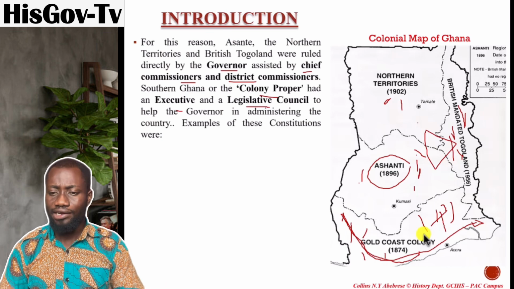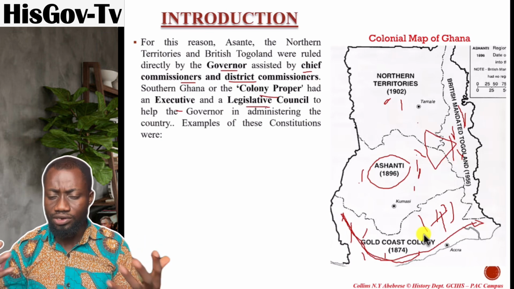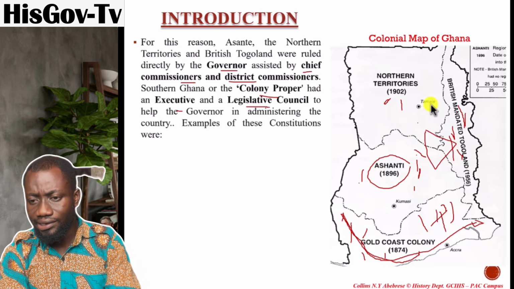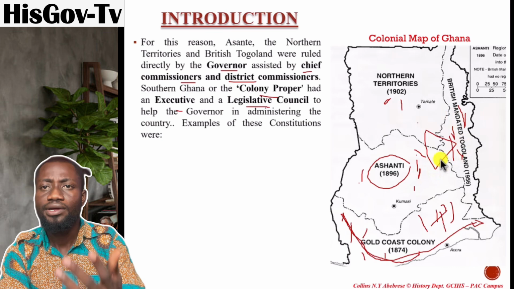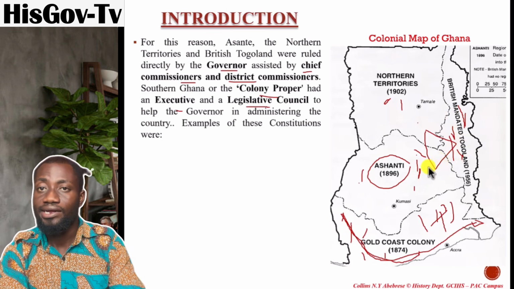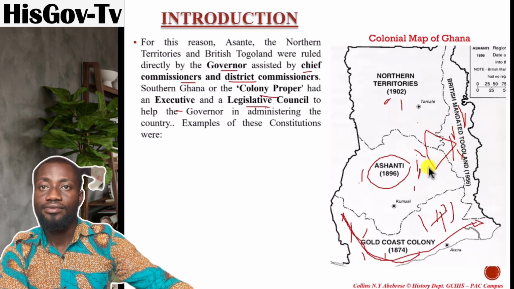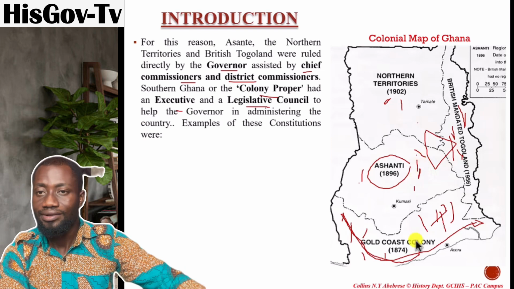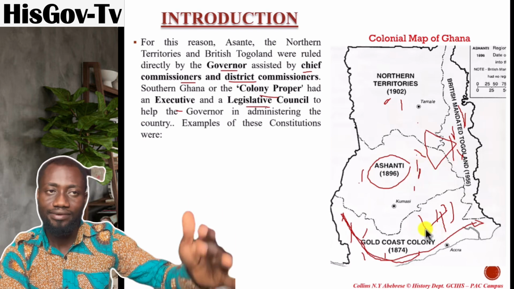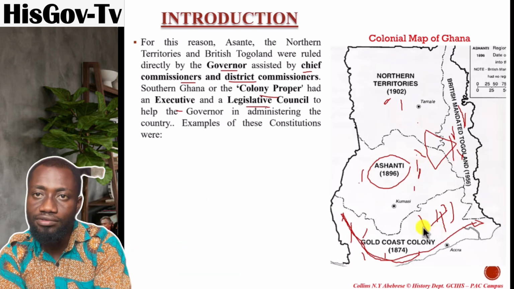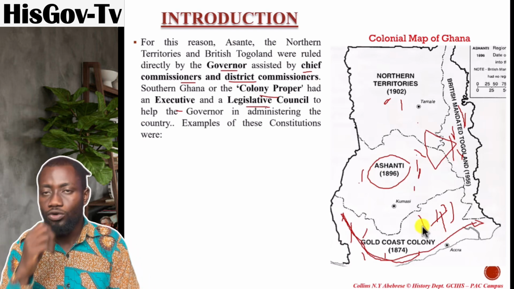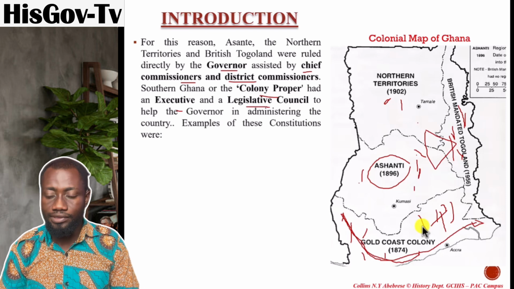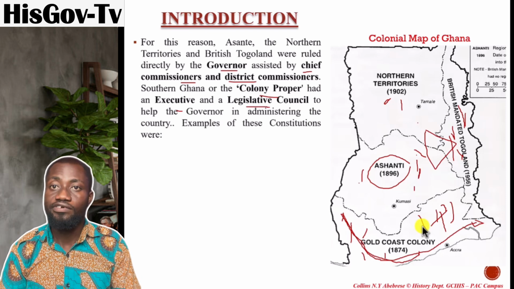And so you can compare in your mind. Ashanti, the Northern Territories, the British Mandated Togoland were all ruled by the governor directly through the district commissioners. However, here they had the executive and the legislative council who will make laws for the colony. So really, these two areas would be different.